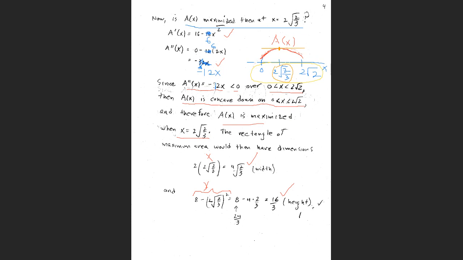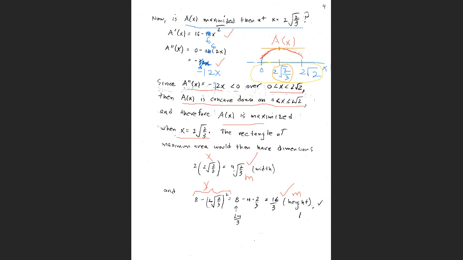Well, you want to have the maximum area for the pool. You would want your width to be 4 times the square root of 2/3, and of course the units are meters. And the height would be 16/3 meters. And height meaning the length. I'm talking length and width.